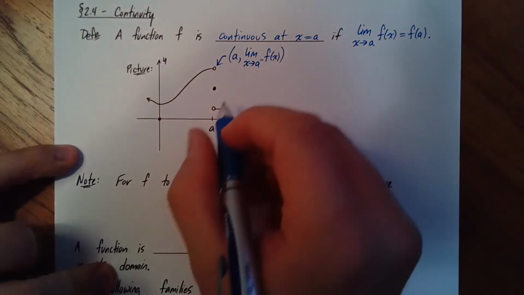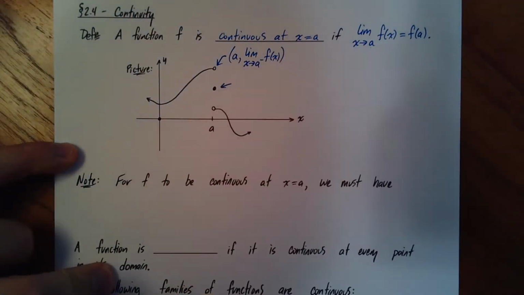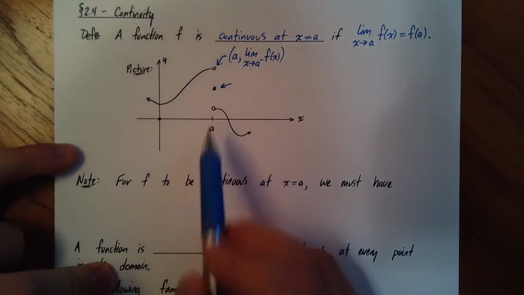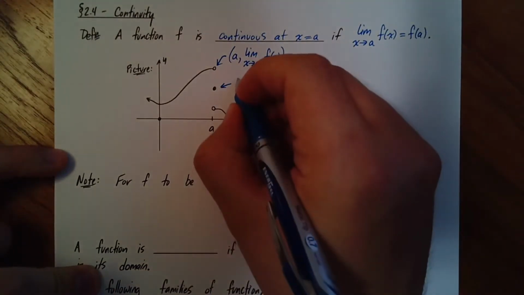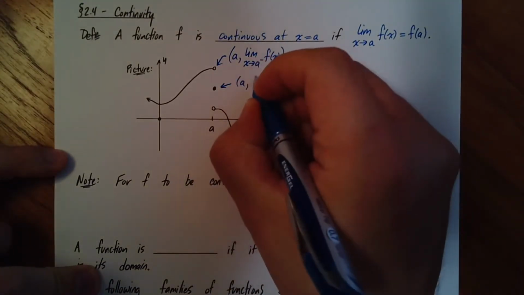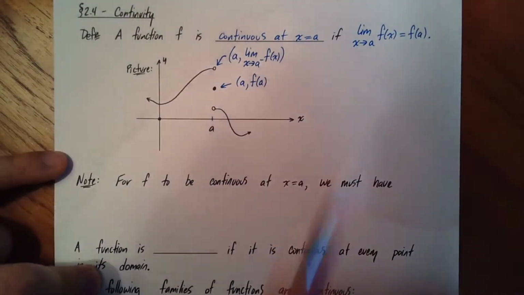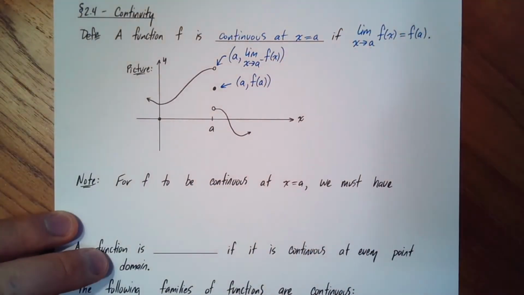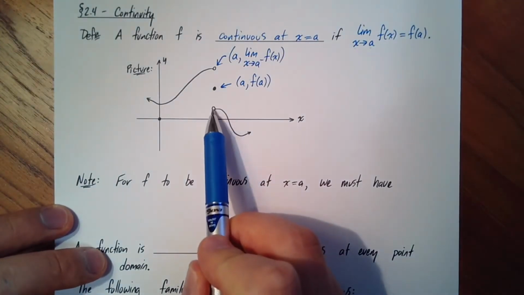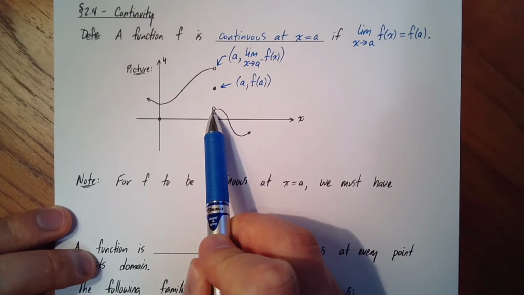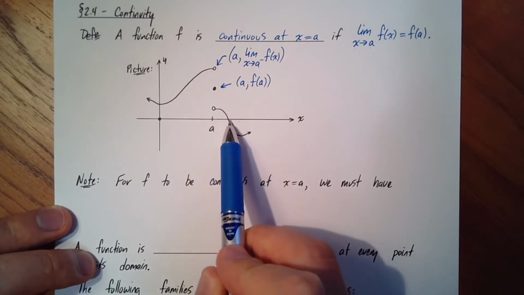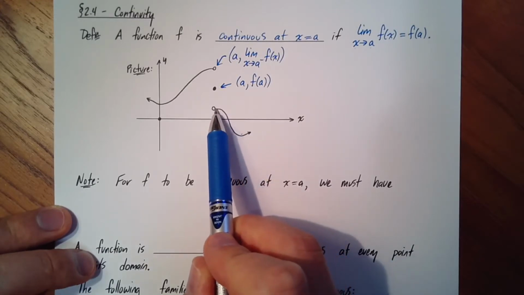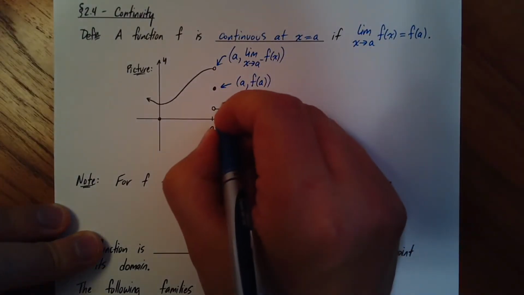Now, what about this point here? That one's a little bit easier because it's actually on the graph of the function. So the x coordinate is also a, but the y coordinate now is f of a. I need one more bracket to close that point. And then this point down here, again, the x coordinate is a, but the y coordinate is whatever the limit of the function is as x approaches a from the right. So we can write this.